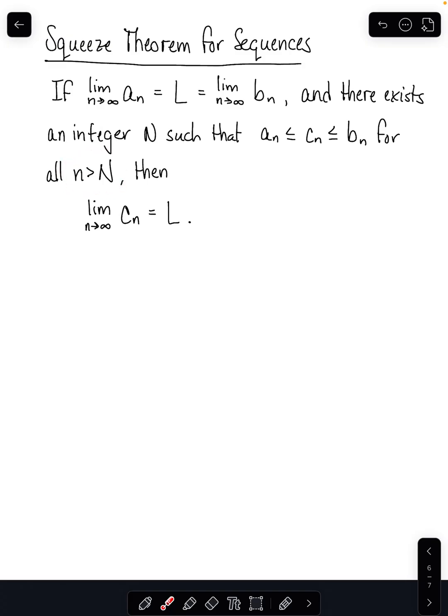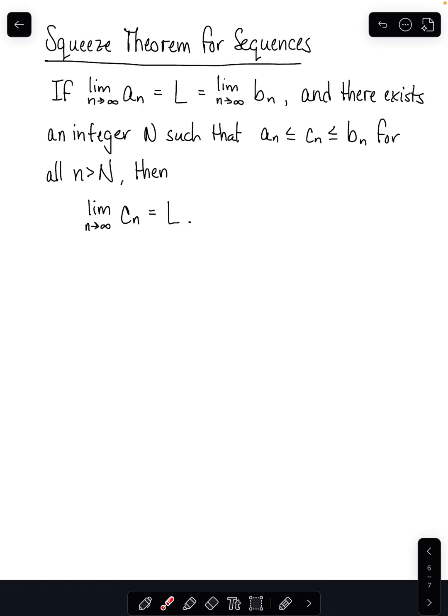Well, if the terms of A approach a certain value and the terms of B approach that same value, and C is between them, then C gets sandwiched. It has to stay smaller than B, and yet has to stay bigger than A. And if A and B both squeeze together towards the same value, then C is forced to squeeze into that same value as well.